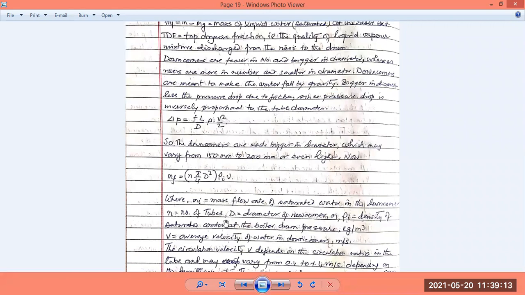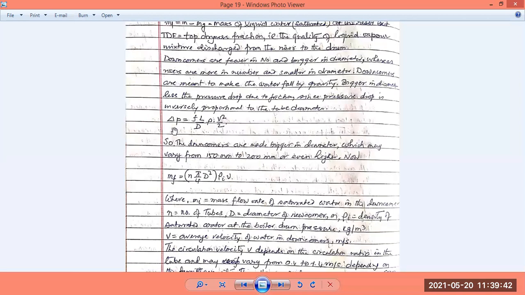N is the number of tubes, D is the diameter of the downcomer, and rho F is the density of saturated water at the boiler drum pressure, in kg per meter cube. V is the average velocity of water in the downcomers.